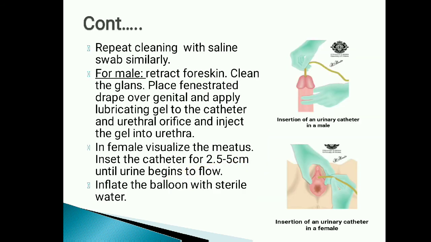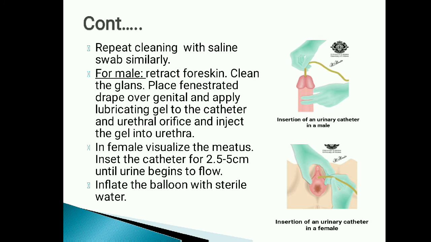Next, repeat the cleaning with the saline swab similarly. For male, retract foreskin, clean the glans. Place fenestrated drape over the genital and apply lubricated gel to the catheter and urethral orifice and inject the gel into urethra.